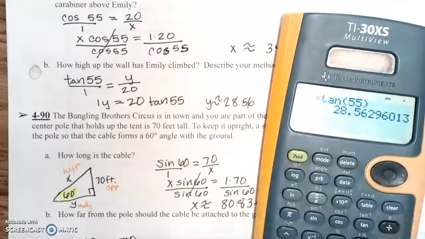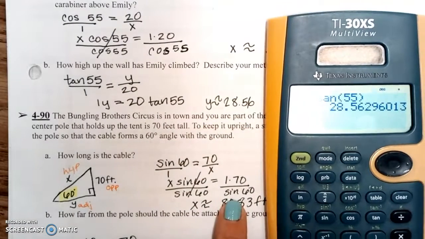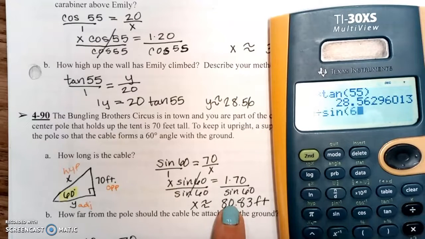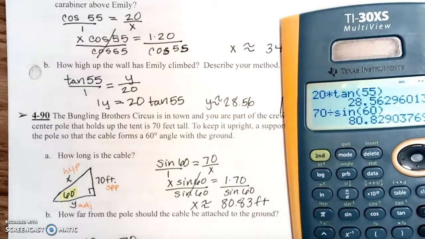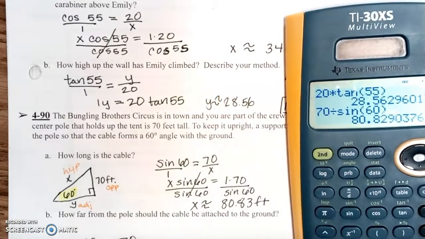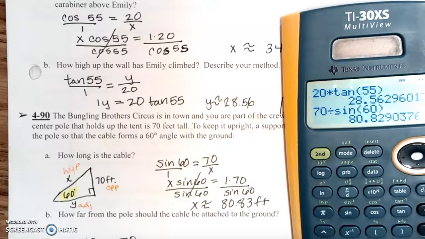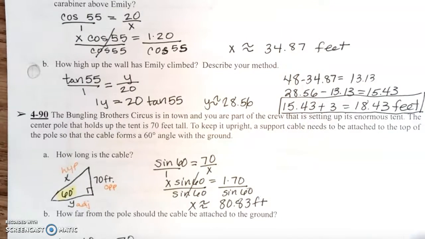Now let me type that in the calculator for you. So it's 70 divided by the sine of 60. We get approximately 80.82, but there's a 9 next to that too, so we round up to 80.83. Okay? That's for part A.